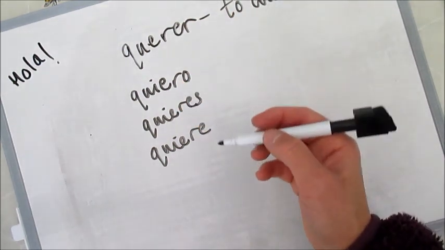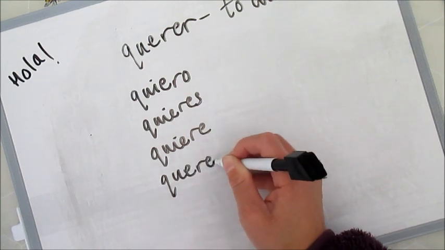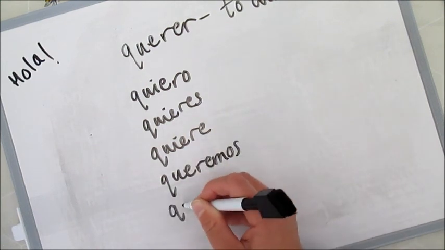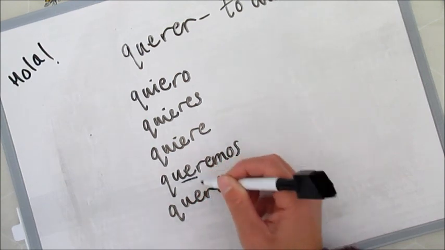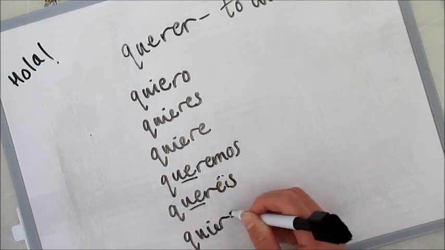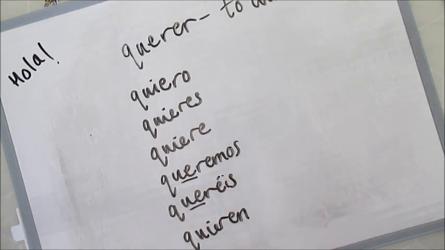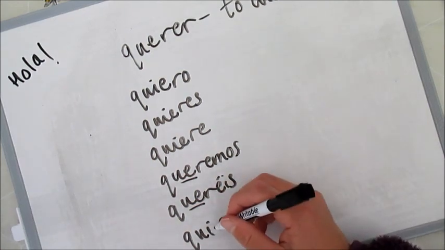So that's how it's irregular. But then, like with some other verbs, for the we, it goes queremos, queréis. So we've gone back to this, just a QUE. But then for they, quieren. So that is querer. That's an E there.